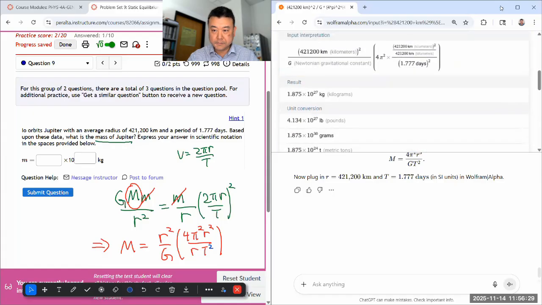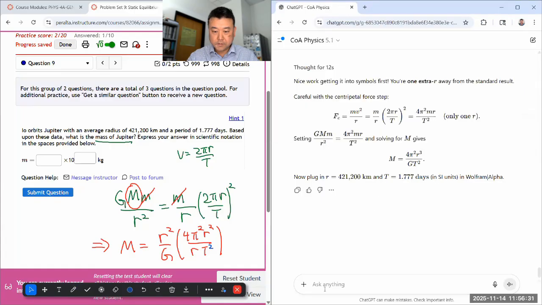Yeah, so okay, I think the extra r was from me leaving the factor of r in the denominator. I did make a mistake missing that T squared.